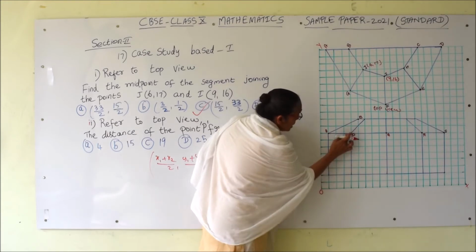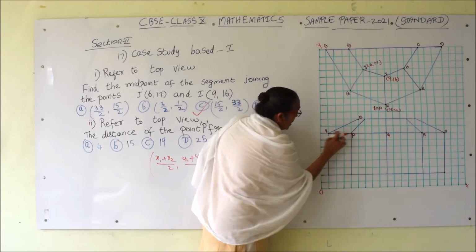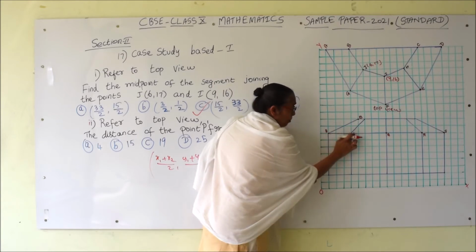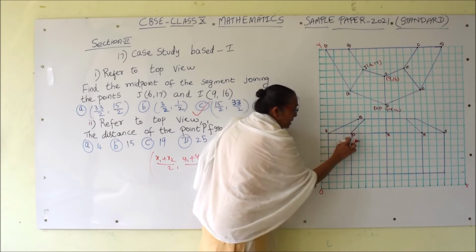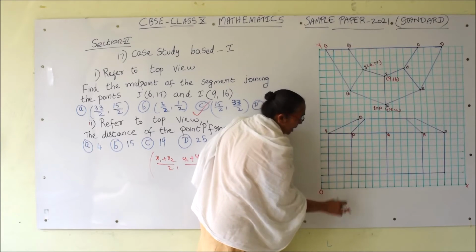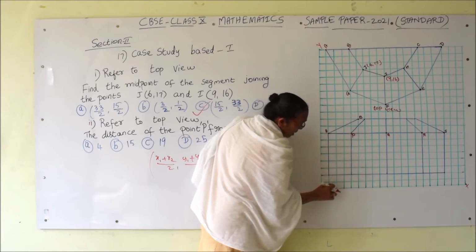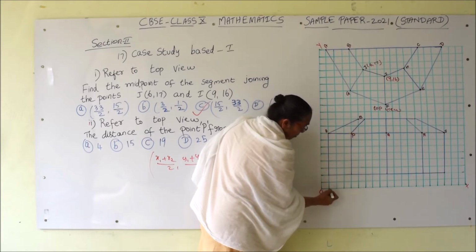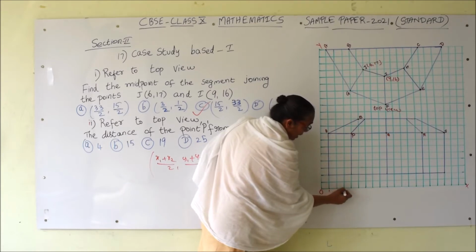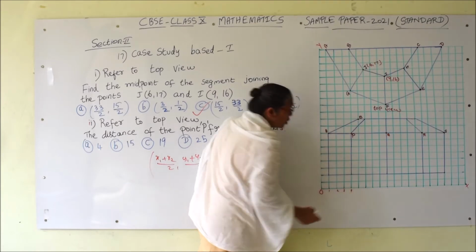Now, the distance of the point P from the y axis. So, any point, its distance from the y axis is its x coordinate. So, can we find out the x coordinate of P? Suppose I mark this as 1, this as 2, the scale is 1 centimeter equal to 1 unit.